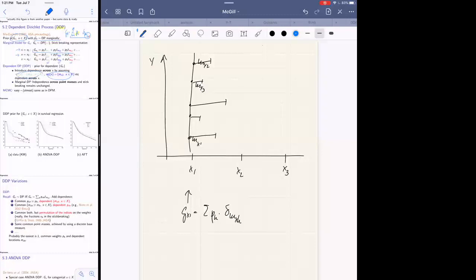For the second one, for x2, the Gx2 is again a summation of weighted atoms at locations M sub x2, h, and this one here was x1. What I'll do is I need those blue locations, they have to be independent, but I'll simply generate them.